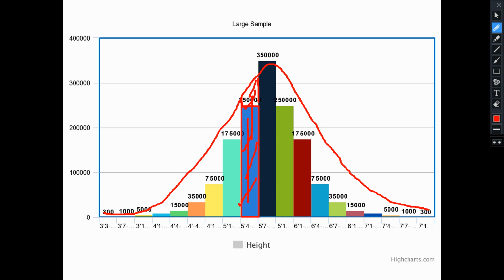It's going to be very difficult because you need to know calculus to do it, because this is a curve. This is not a straight line. So here you have a curve and you need to integrate to get the area between 5 feet 4 inches and 5 feet 7 inches.